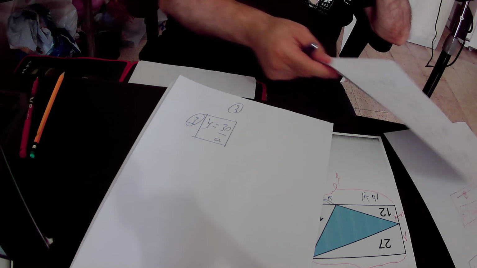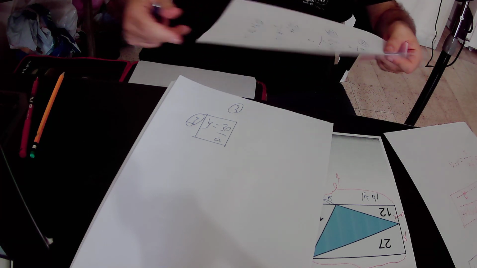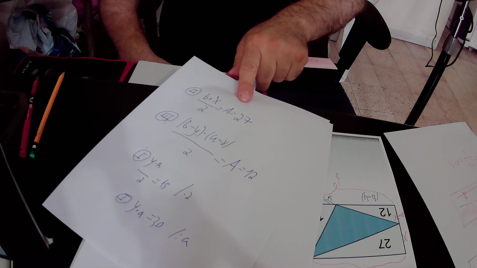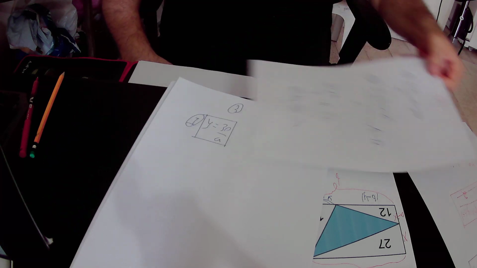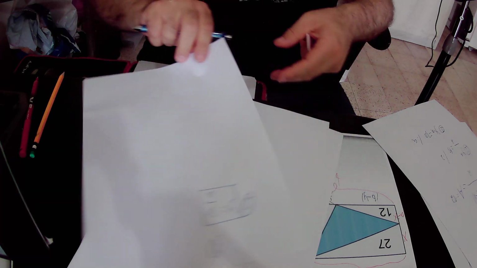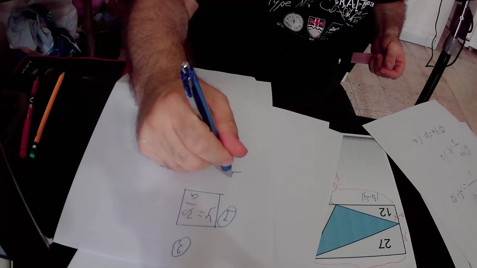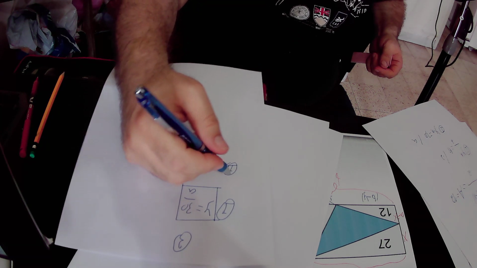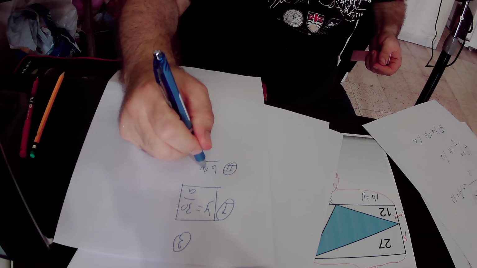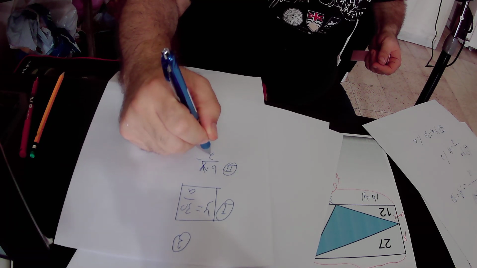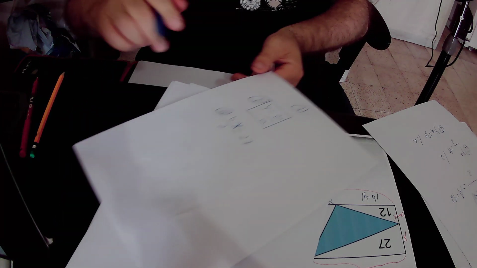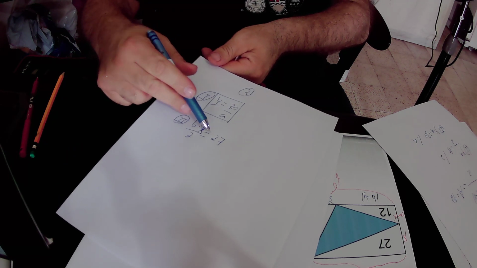We will do the same thing for x. So now we will take x out of the second equation. The second equation is B times x divided by 2 equals 27.